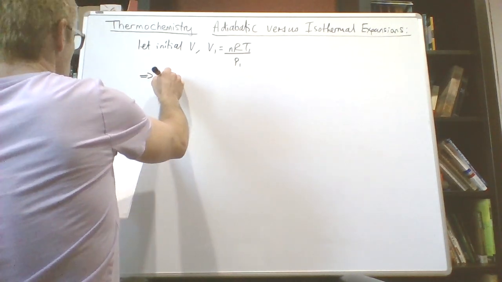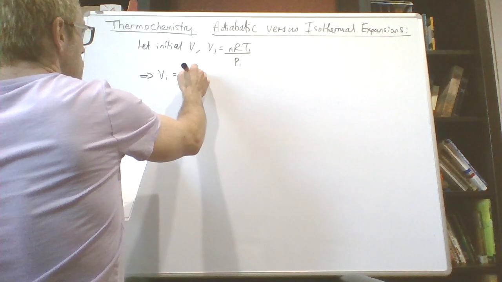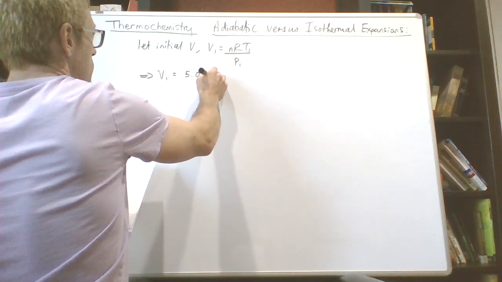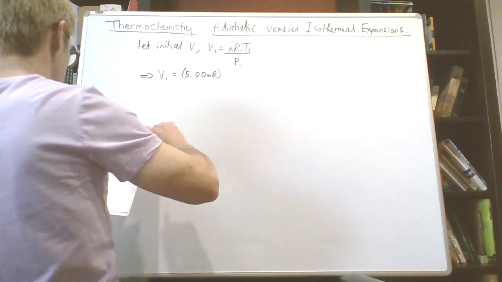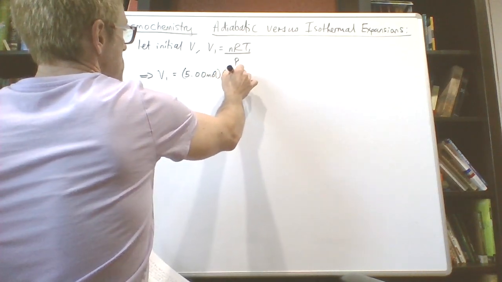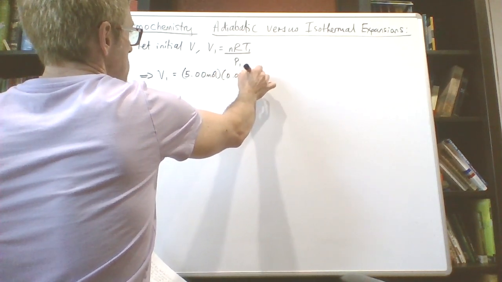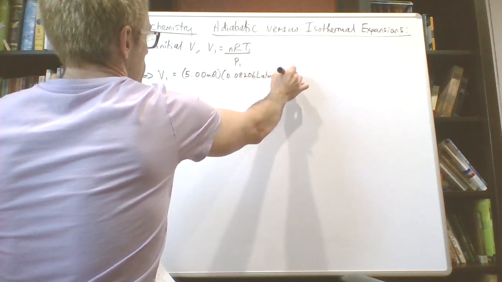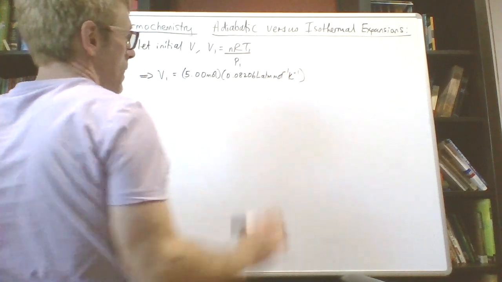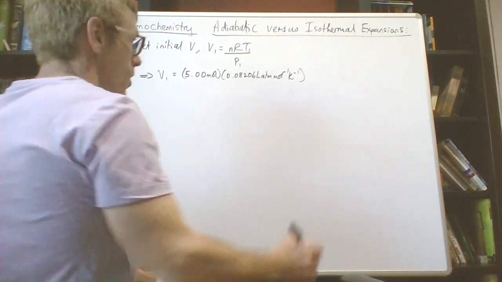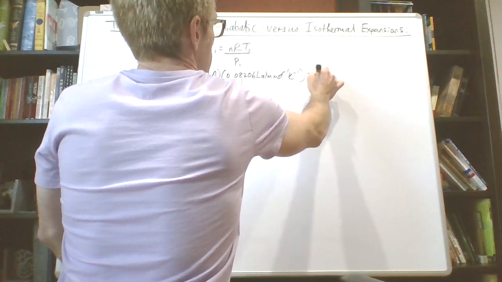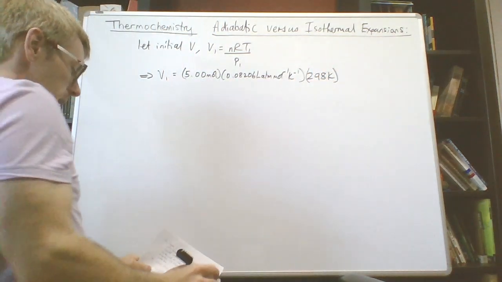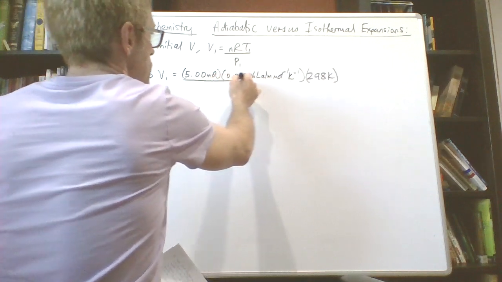So V1 is our initial moles, n, so 5 mole. R is 0.08206 liter atmosphere reciprocal mole reciprocal Kelvin. T1 is 298 Kelvin. And P1 is 10 atmospheres.